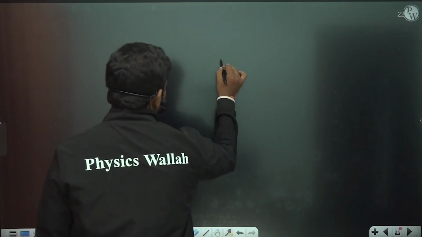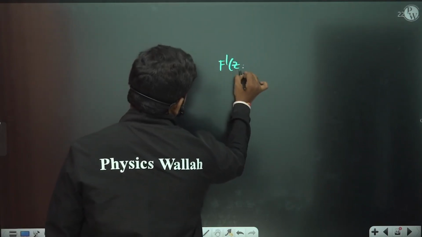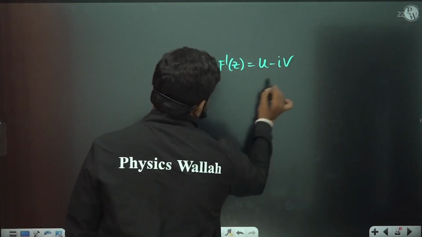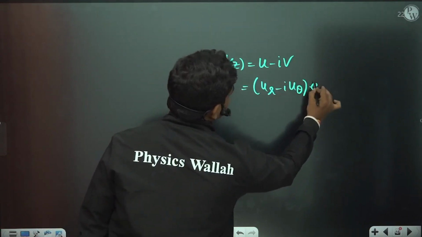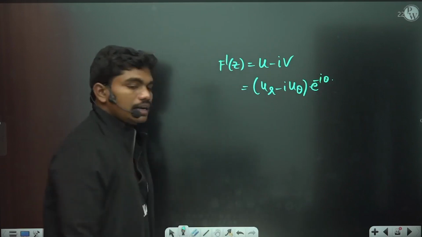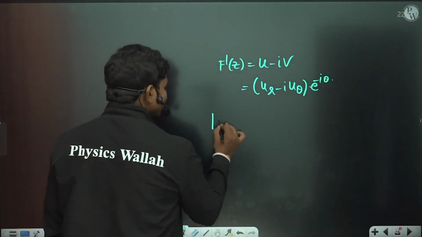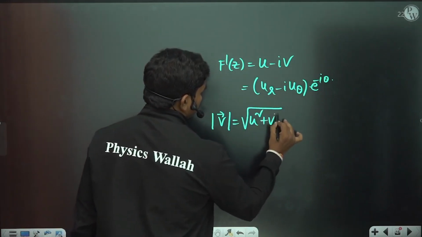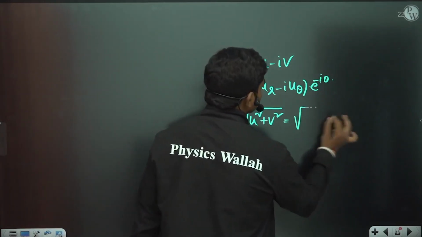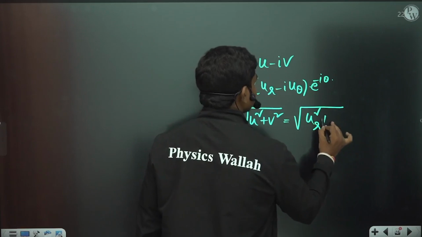Normally you have f dash of z is equal to u minus iv, or if you convert to polar, u r minus i u theta, e power minus i theta, correct? Now the magnitude of the velocity is the square root of u square plus v square, or the square root of u r square plus u theta square.